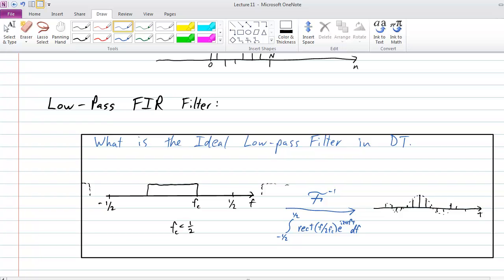And it turns out that that's exactly equal to the integral from negative infinity to infinity of that same rect, assuming this property, that fc was less than half. So it's exactly the same inverse formula that we would have got if it was continuous time. Okay.